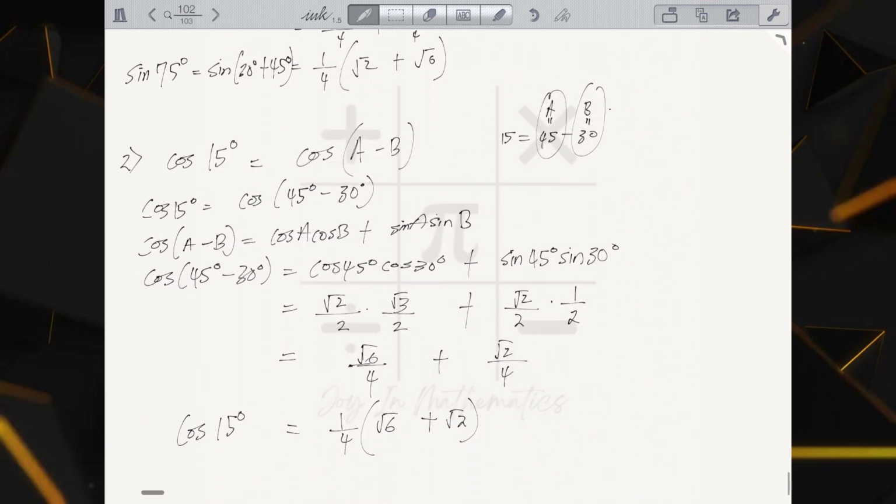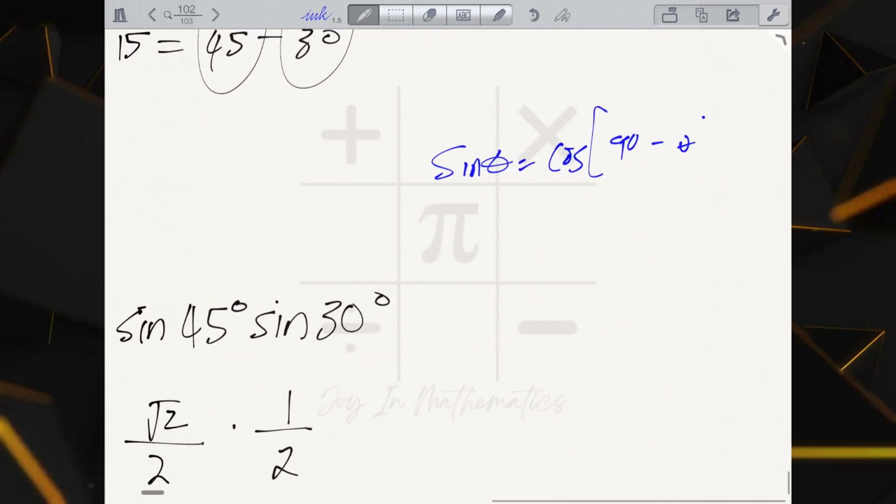Now we are saying something special, that cos 15 degrees is equivalent to sine 75 degrees. And this shows that these two angles are complementary in nature. It follows the law that sine theta is equal to cos(90 minus theta), and likewise cos theta is equal to sine(90 minus theta).